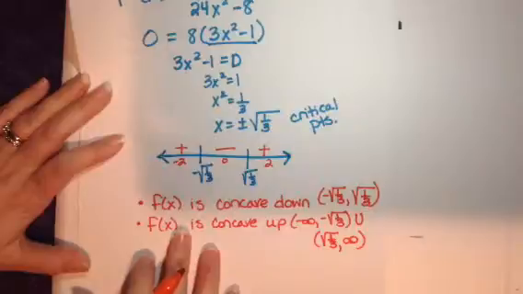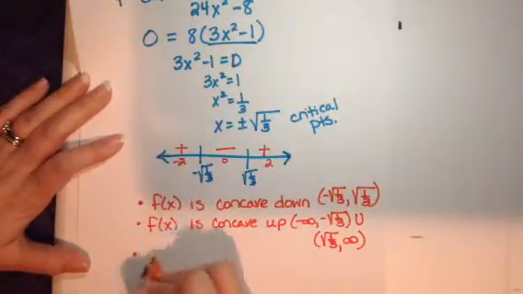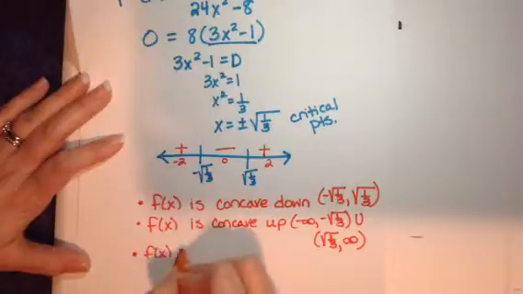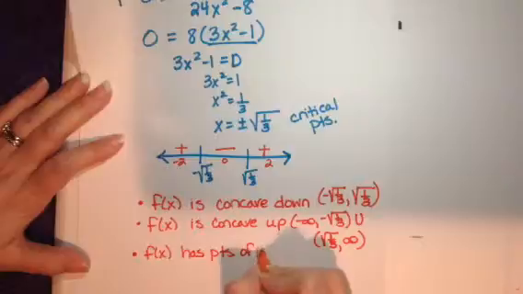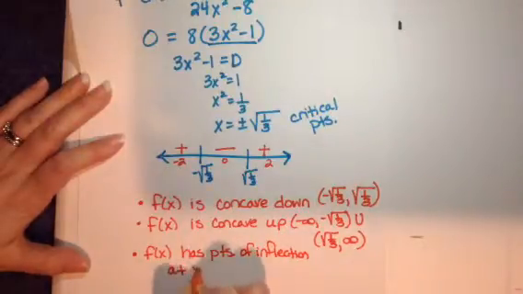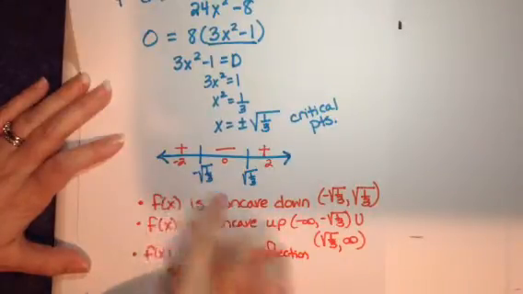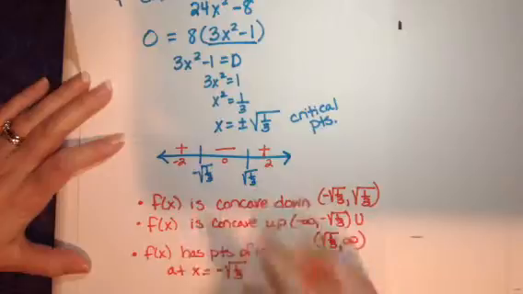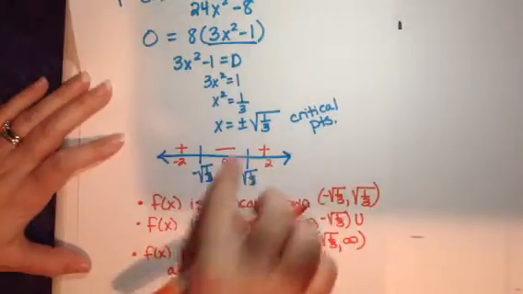So now I know where it's concave up and down. I also know that there are some points of inflection. So f of x has points of inflection at x equals negative square root of 1/3 because there's a change in concavity there, and at x equals square root of 1/3 because it changes in concavity again.